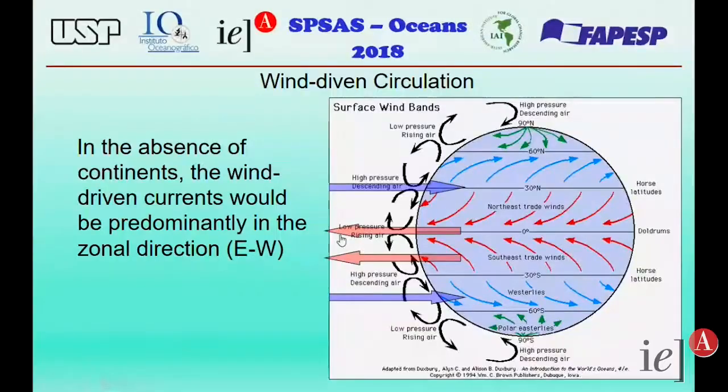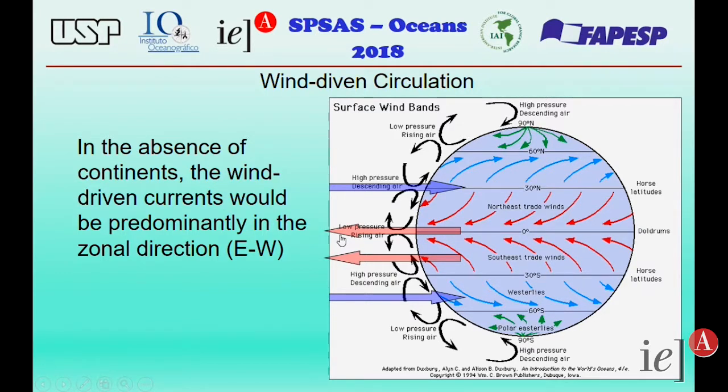This slide here is for you to look at and think in terms of what, based on what we have spoken before, you think the ocean circulation driven by the wind would look like?